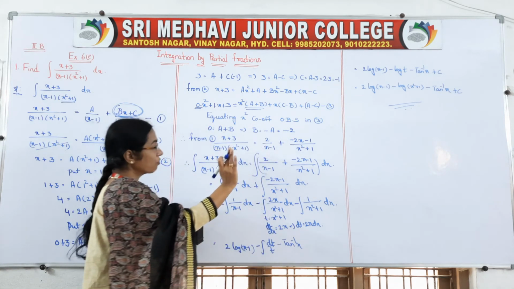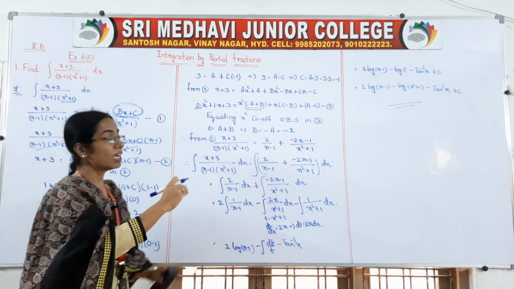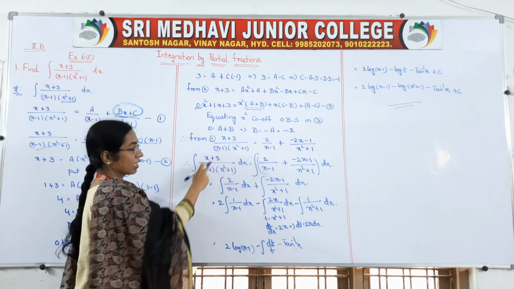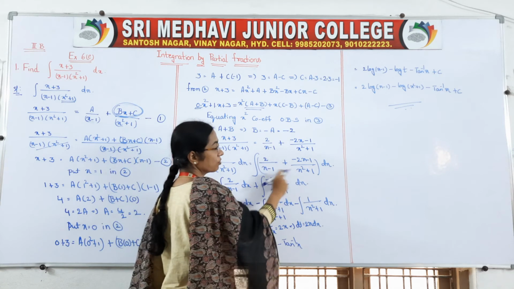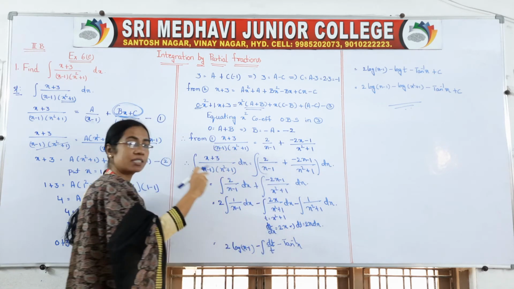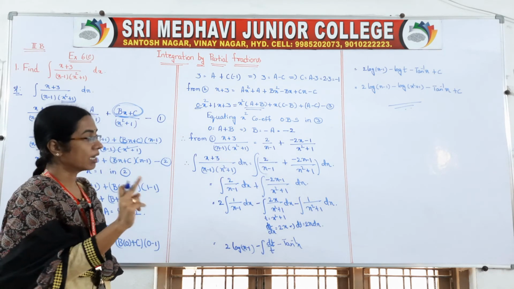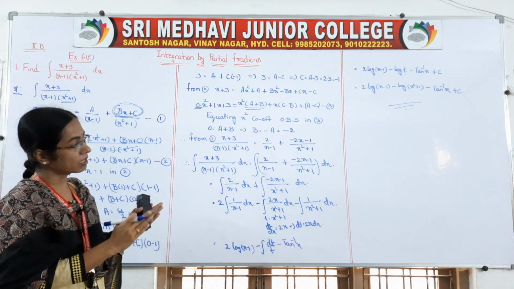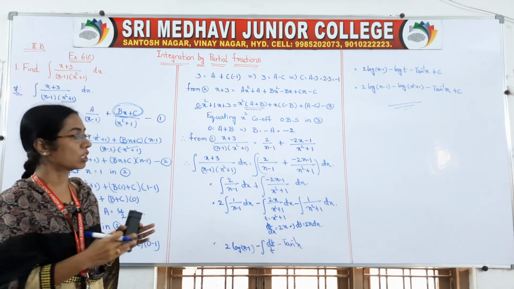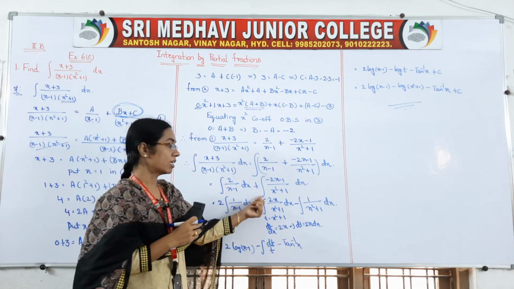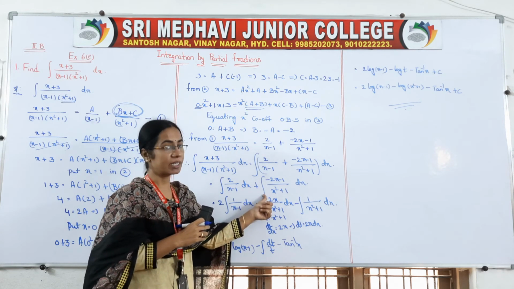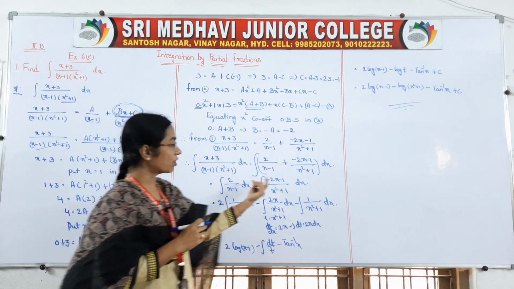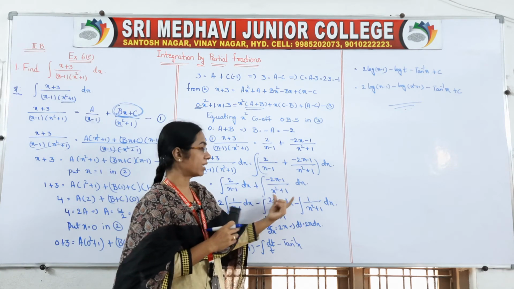After that we have taken the integral. Since a plus sign and a minus sign are there, whenever plus or minus is in between two terms, we have to take separate integrals. Take the separate integrals, and again from this also we can take separate integrals.